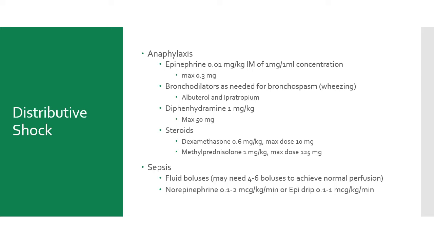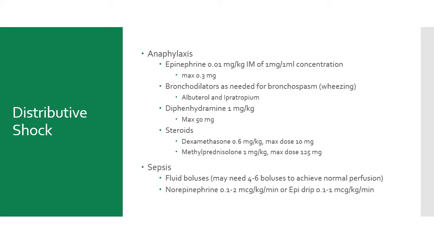Bronchodilators are needed for bronchospasm, so if you have a respiratory component and the patient is wheezing, you can use albuterol or a combination of albuterol and Atrovent. Diphenhydramine, which is Benadryl, you can give at 1 milligram per kilogram with a max of 50, and that really is for itching and histamine suppression. Steroids also can be used for anaphylaxis.